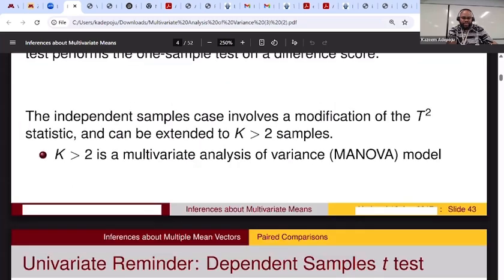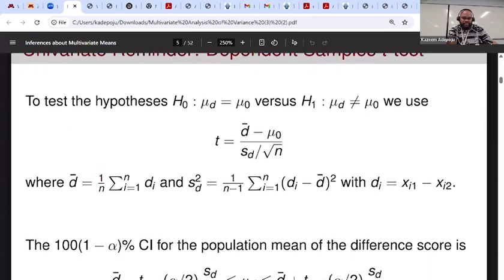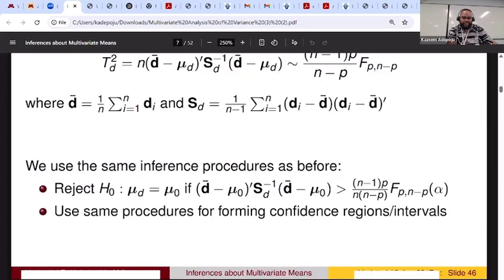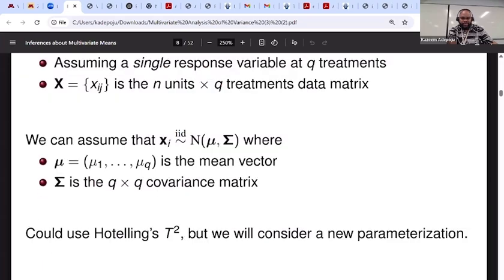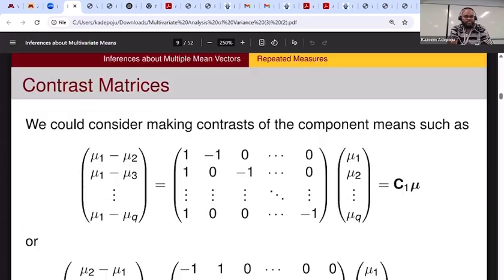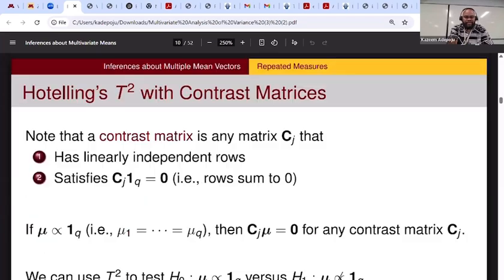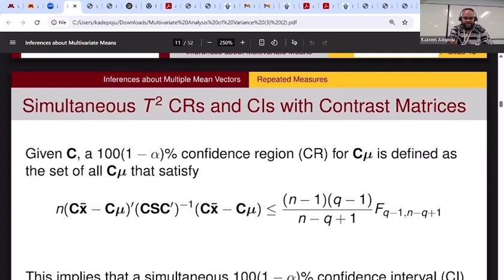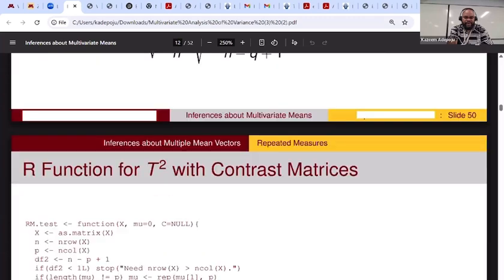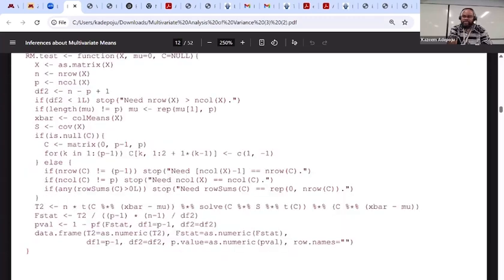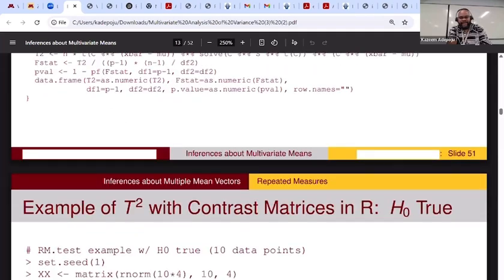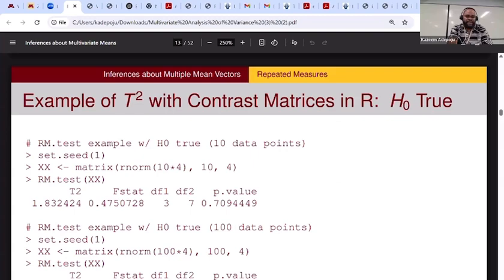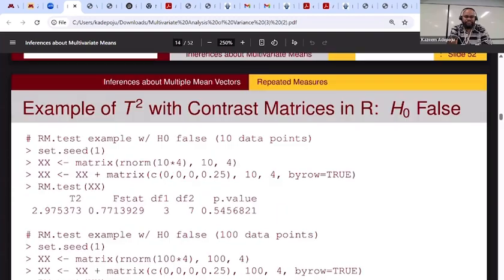Then I showed you the multivariate extension of that, and how to handle the repeated measure aspect, the contrast matrices, the Hotelling T-squared, and so on like that. I also showed you some R code. So as I advise from time to time, you get yourself familiar with the R codes.